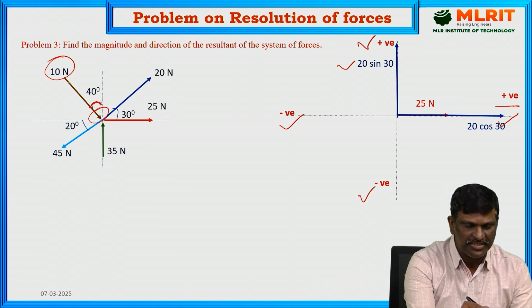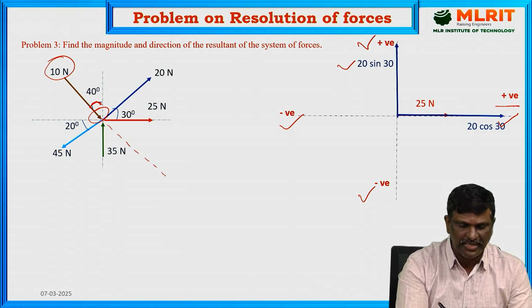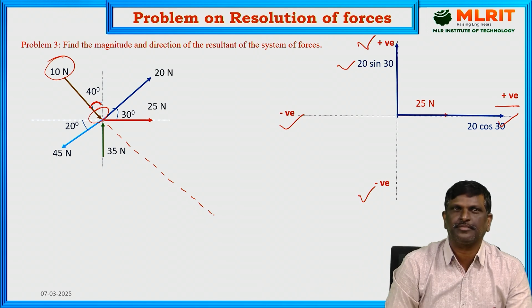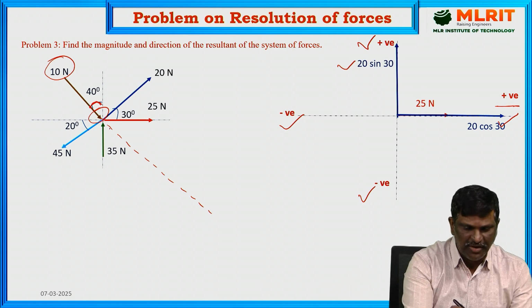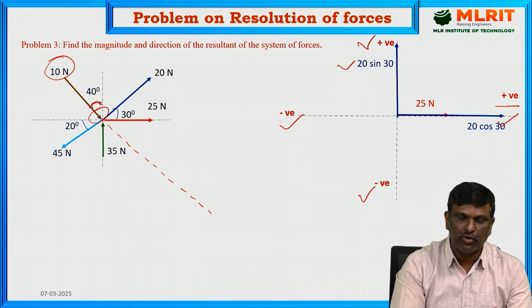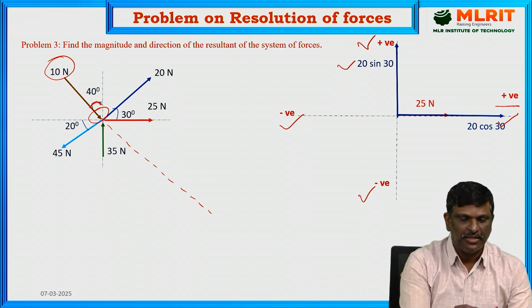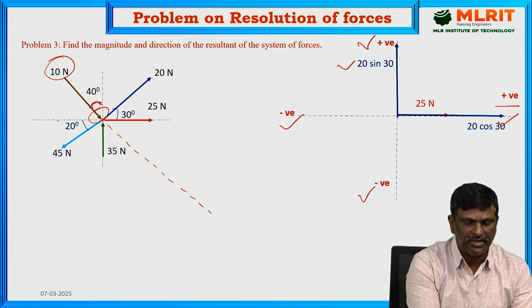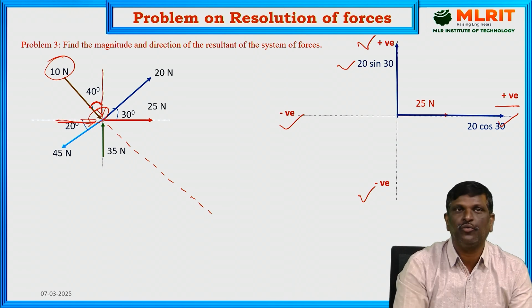If this force is acted on a body, it may affect in its line of action. That means the line of action is towards right and downwards. That means the horizontal component is acting towards right side and vertical component will act towards downward.